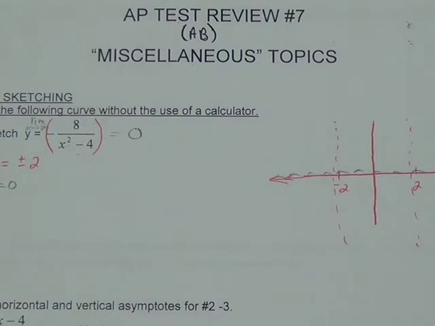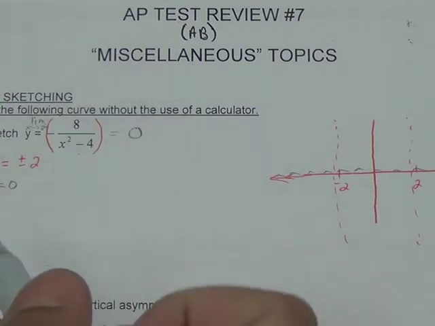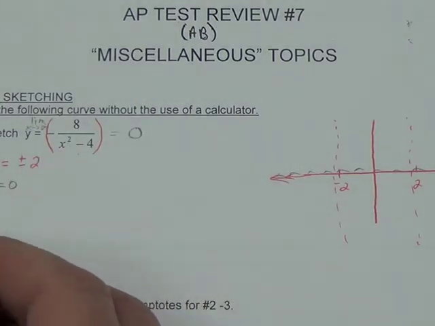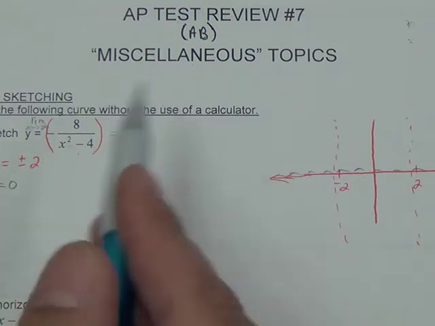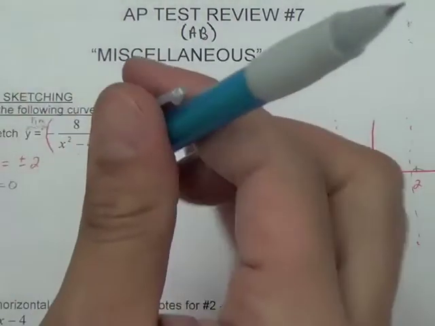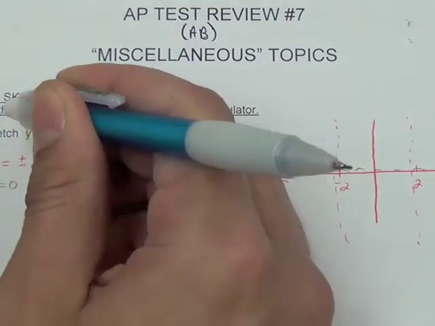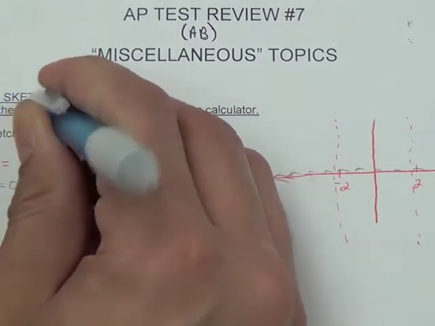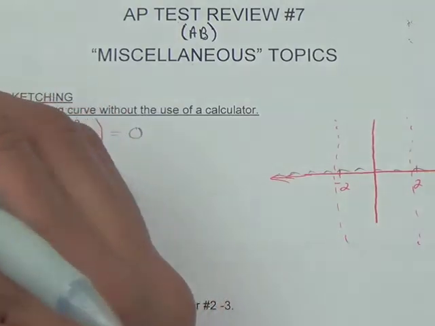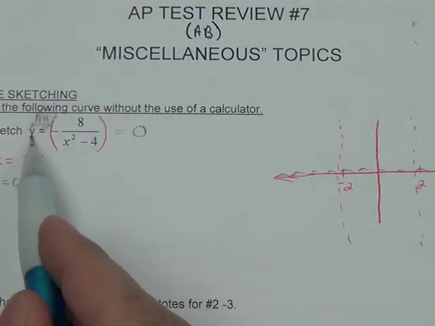If we had to continue this and finish graphing this, the next thing we would try to find are the x-intercepts and your y-intercepts. So if we went and tried to find these, to find our x-intercepts, you would let y be 0.